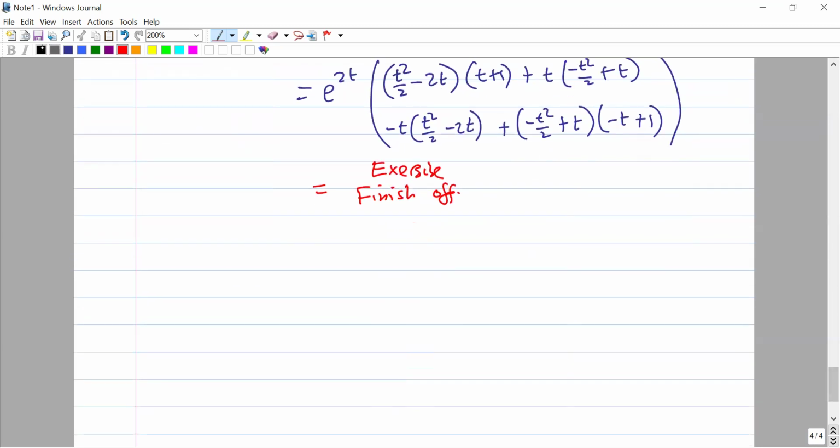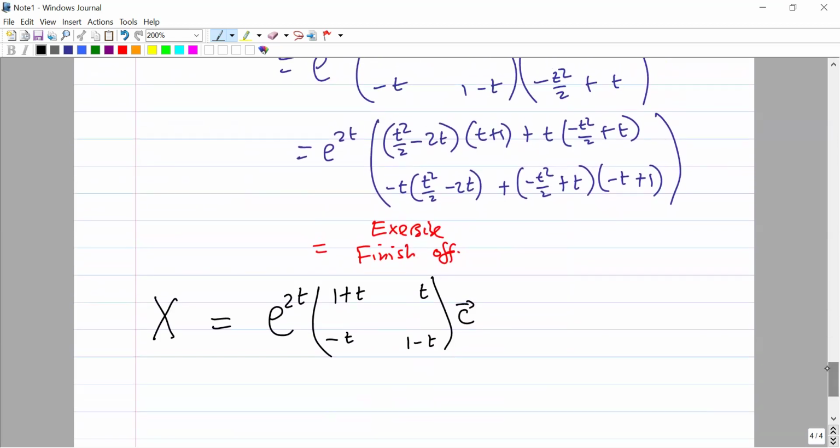And then you will now write the general solution. It will be e to the power 2t into 1 plus t, minus t, 1 minus t, times the vector c, and then plus e to the power 2t into the whole of this here.